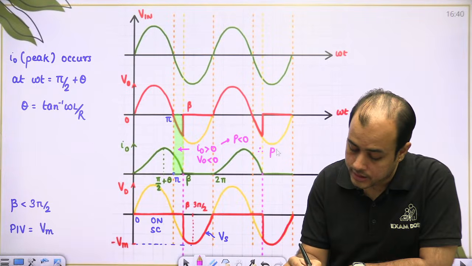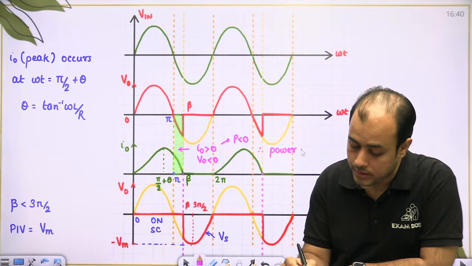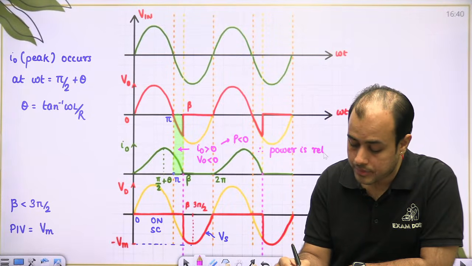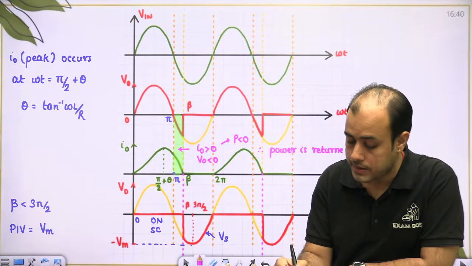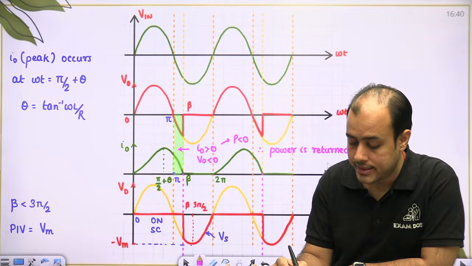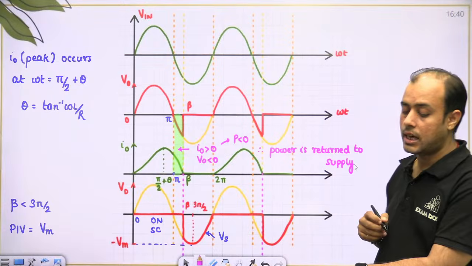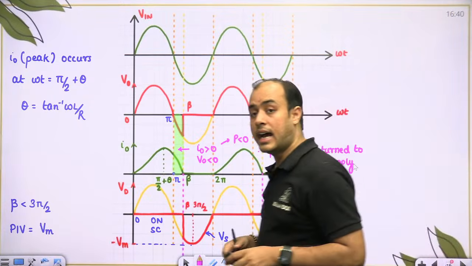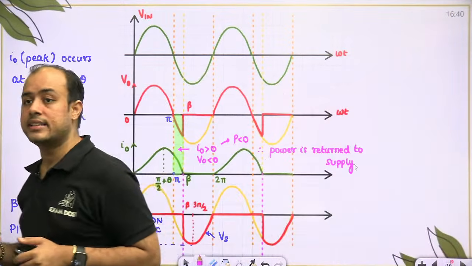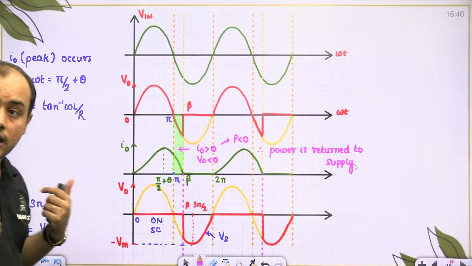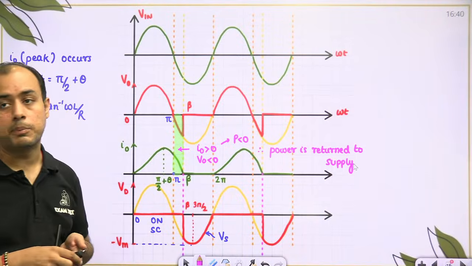Therefore, power is returned to supply. पावर को हम सप्लाई को वापस भेज दे रहे हैं. Okay, we are returning the power to the supply. That means beta, when inductor is discharging, it returns some of the power to the supply.